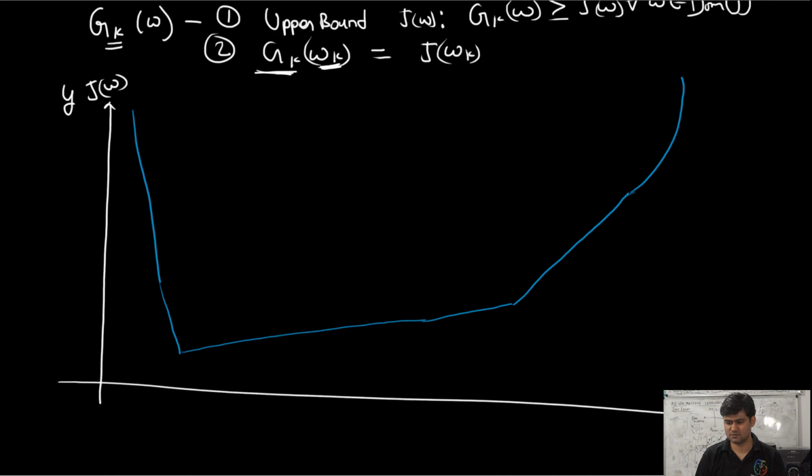So this is a convex function, and our goal is to minimize this loss function J of W. First of all, we can see that the function is non-differentiable at two points, and the second point also happens to be the point where the function J of W has its global minimum.